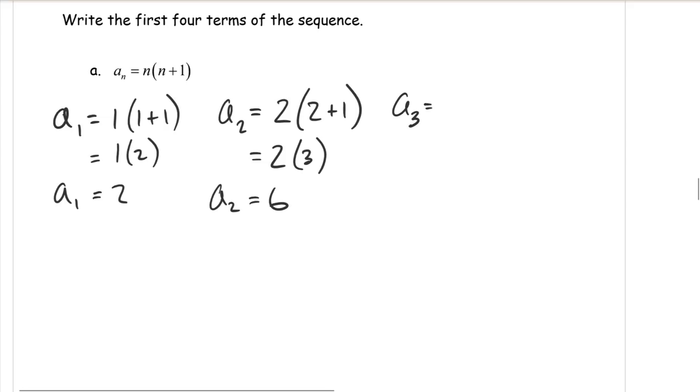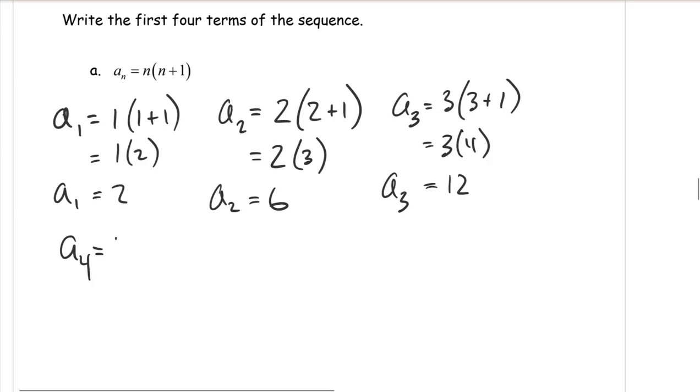A sub 3 would be 3 times 3 plus 1, which is 3 times 4, which would be 12. And the fourth term is 4 times 4 plus 1, which is 4 times 5, which makes 20.